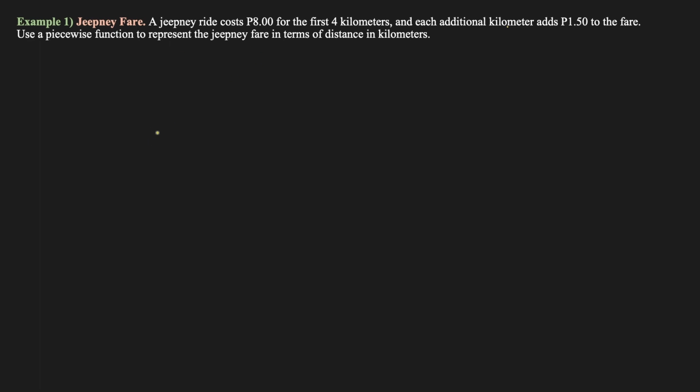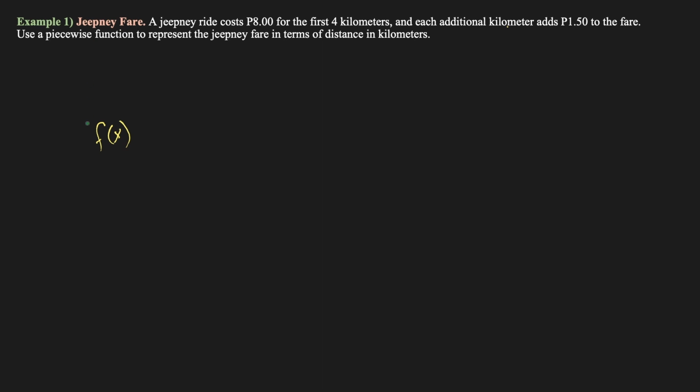situation as a piecewise function, the first thing that you need to do is to name your function. Here in this case, I'd like to name my function as f of x, but you can choose whatever name you like for your function.